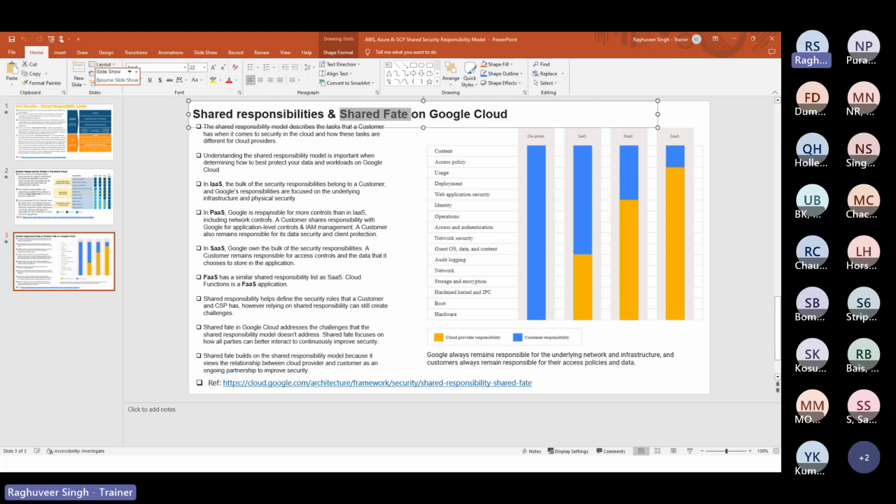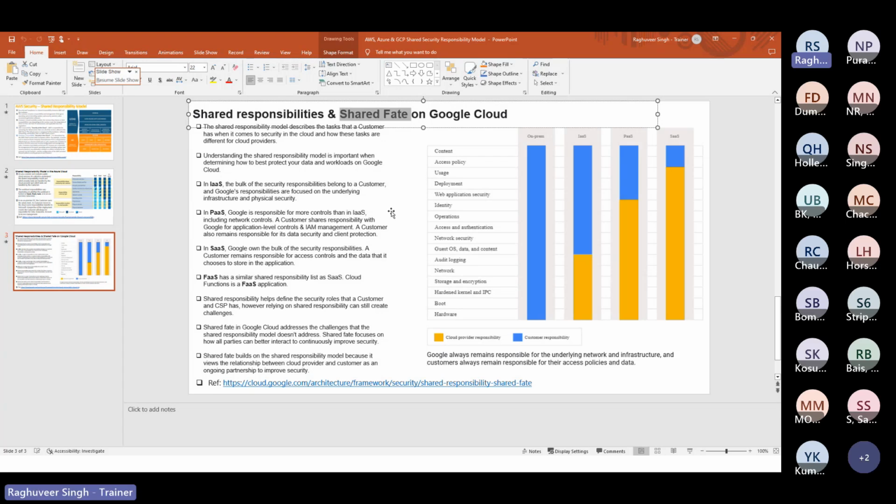For example, if you provision a compute engine in Google Cloud and you use that compute engine for some illegal activities, say you are hosting a betting website or anything which is against the law, and if it ever comes to light, the law enforcement agencies will not only penalize you, they will also penalize Google, blaming Google for not putting in appropriate measures to audit and validate what their customers are doing.